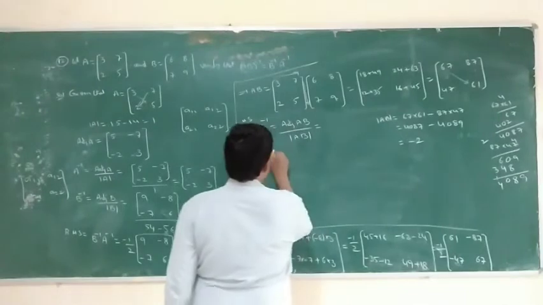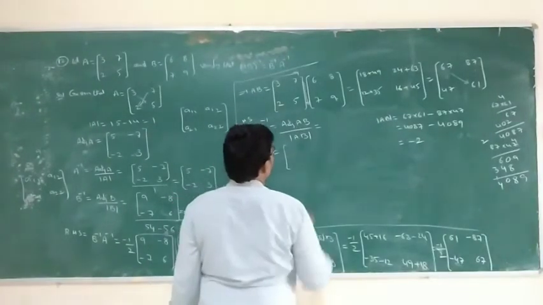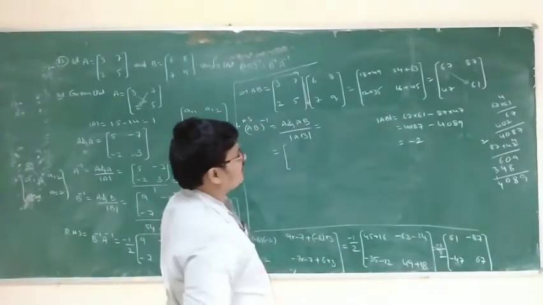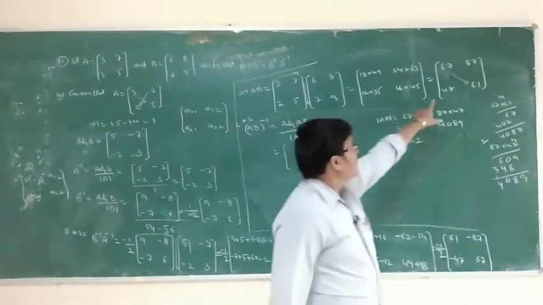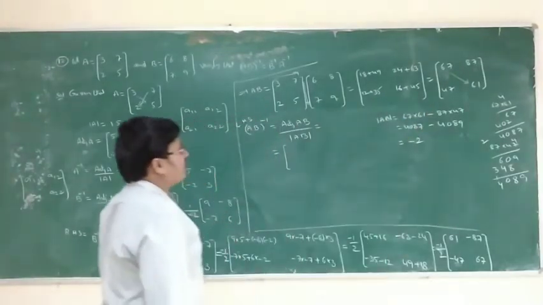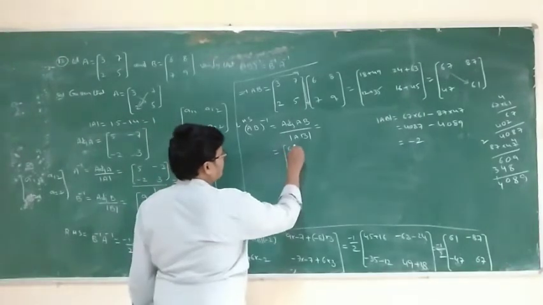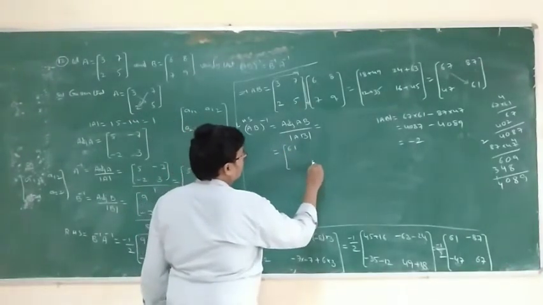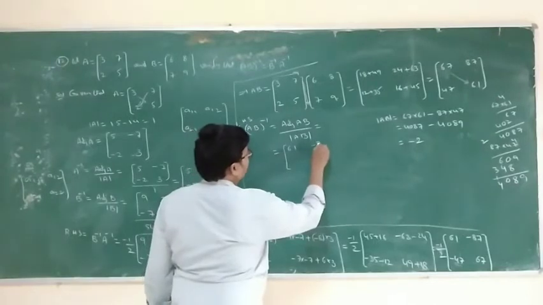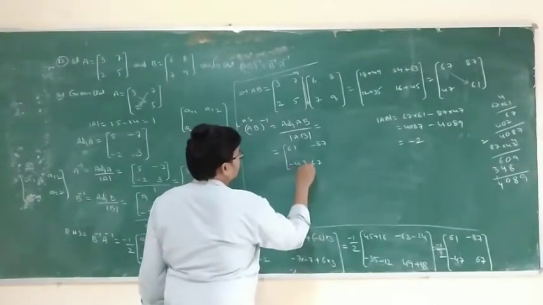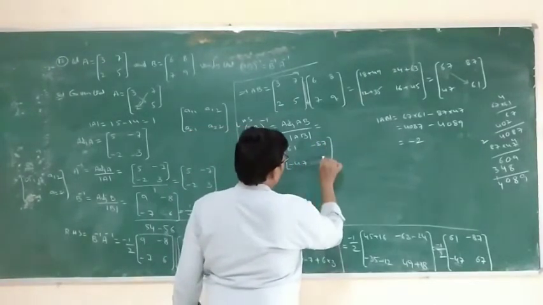So adjoint of AB is equal to, this is the AB matrix, adjoint matrix. Interchange the first and last elements, 61, this is the last one, 67. So minus 87, minus 47.